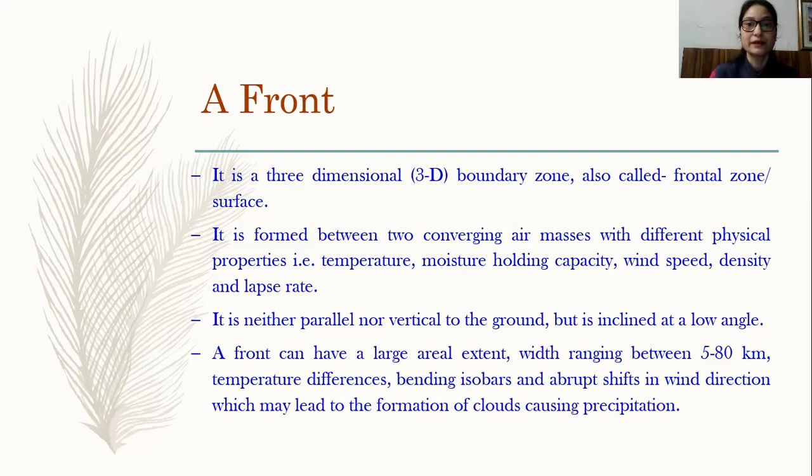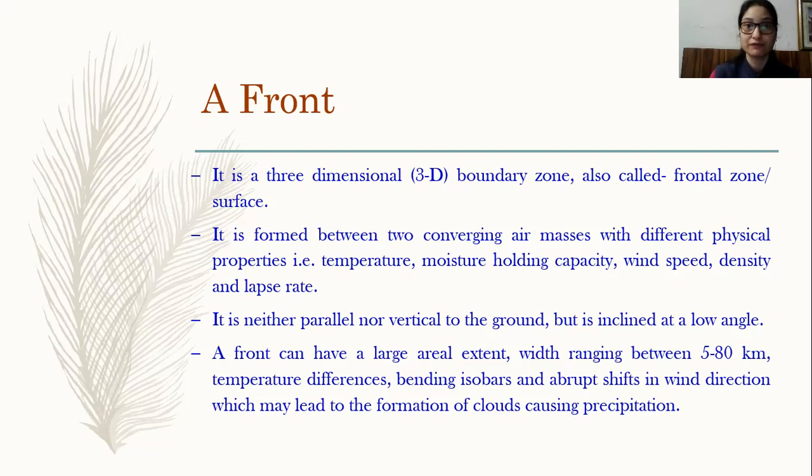Now, when I talk about a front, I should also tell you that the presence of air masses is very important in order to create a front. If there are no air masses, then there will be no creation of any fronts. In the air masses lecture, we have already discussed the different types of air masses, their source regions, how they originate, and how they are classified.